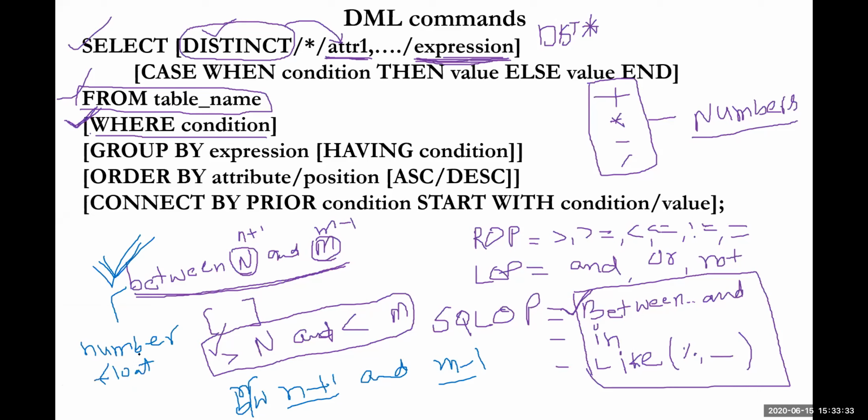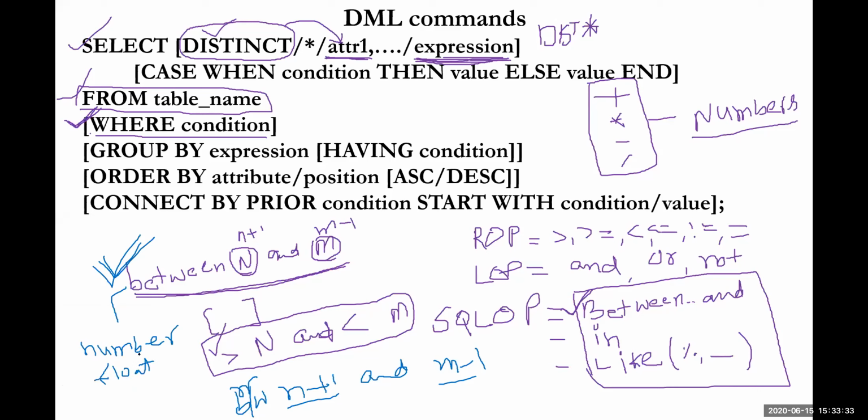Then followed by in. How do you have to operate in here? In could be operated something like this. Let me take this complete data here. Display the details of employees who are clerks or managers.